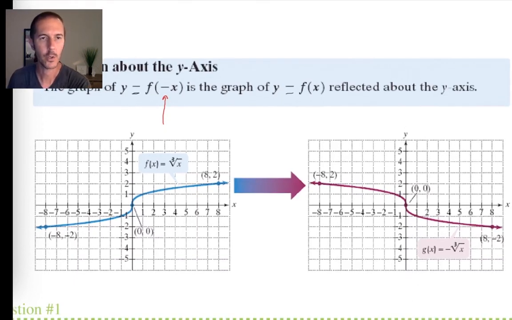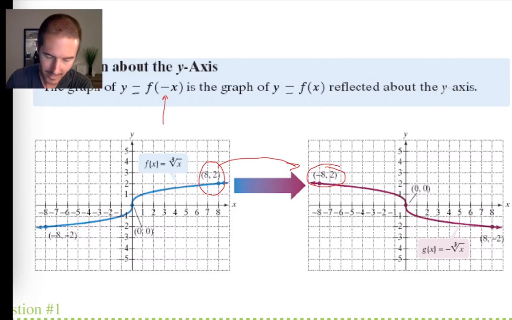It's the cube root function. And by introducing a negative inside the function, we have caused a reflection over the y-axis. Notice that this point is at 8, 2, and it corresponds to this point, -8, 2. So we have negated our x values, and that's exactly what you're seeing in here.